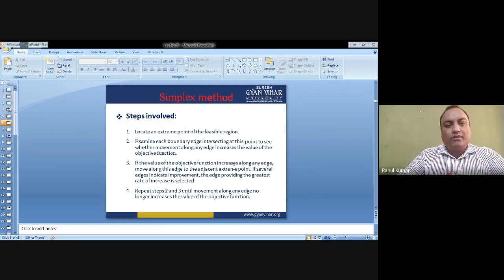If the value of the objective function increases along any edge, move along this edge to the adjacent extreme point. If several edges indicate improvement, the edge providing the greatest rate of increase is selected.